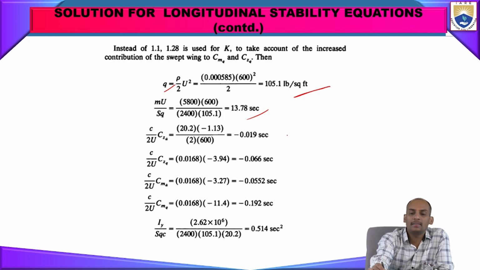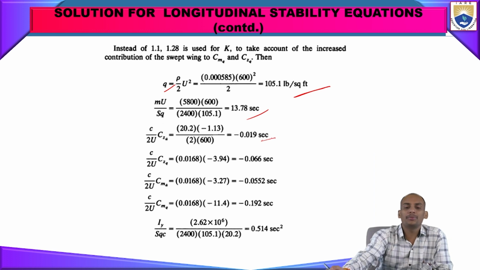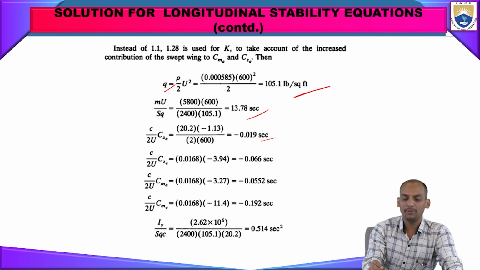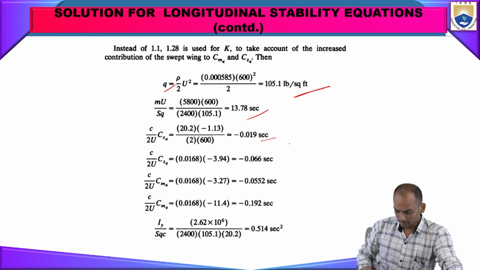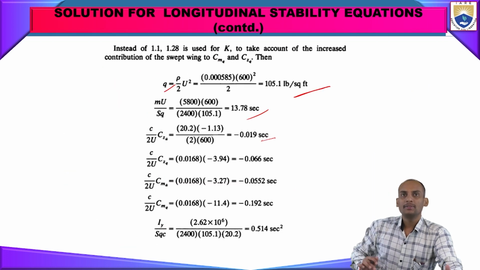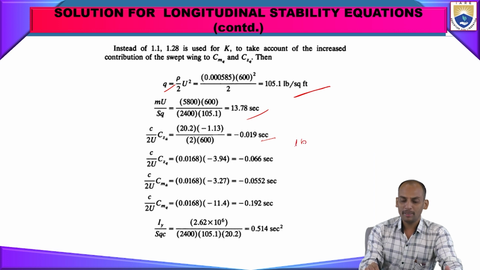And here everything is in seconds only. If you see the values, that dimensional modulation for this one: M is in slugs or pounds, that is LB, and this is feet per second, and S is feet square, and Q is LB per feet square.